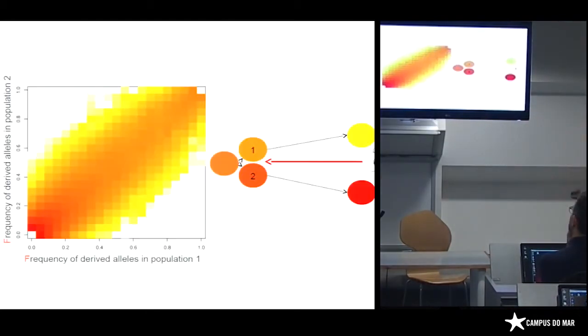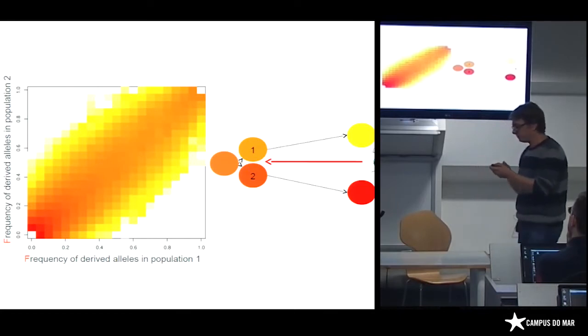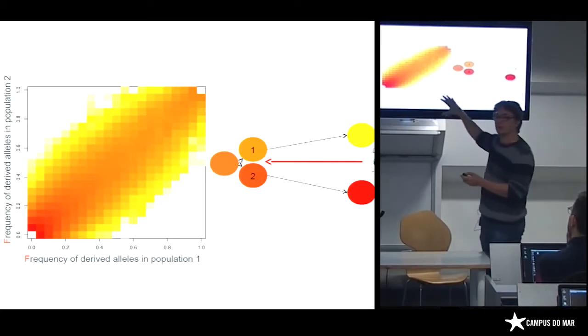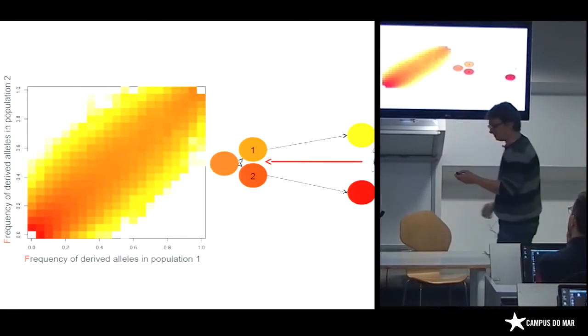Okay. So this is a representation of the joint SFS just after the split between the two populations. You see that many SNPs have the same frequency in the two populations, so they are on the diagonal of the joint SFS.